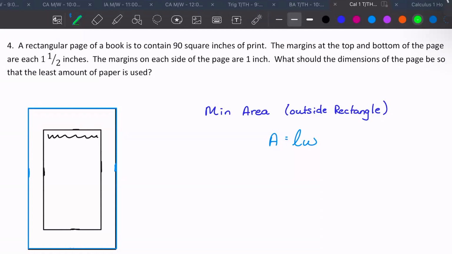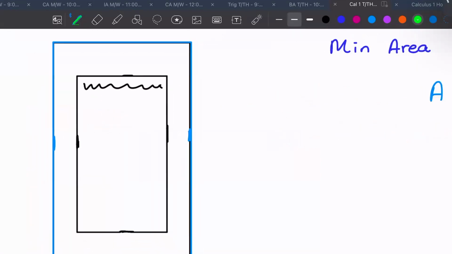And we have some stuff going on. Okay, so let's look at our picture for a second. We know that the black rectangle has an area of 90, right? So you would multiply your length times your width and get 90 for sure.